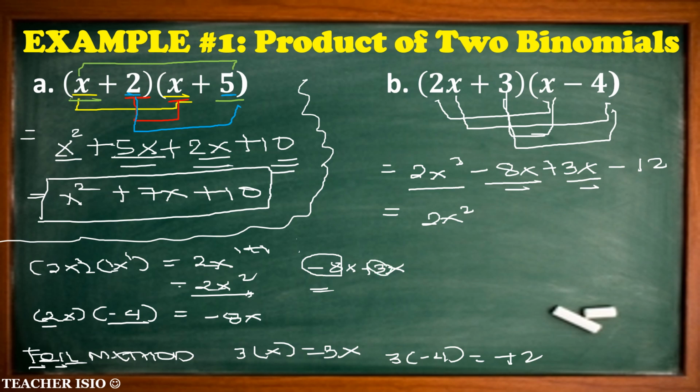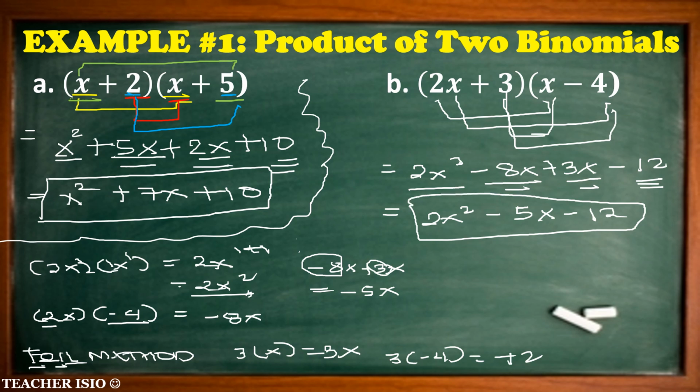Negative 8 plus 3, we have negative 5, and then copy the variable. So we have negative 5x. And then just bring down the constant, which is negative 12. Therefore, the product is 2x squared minus 5x minus 12.